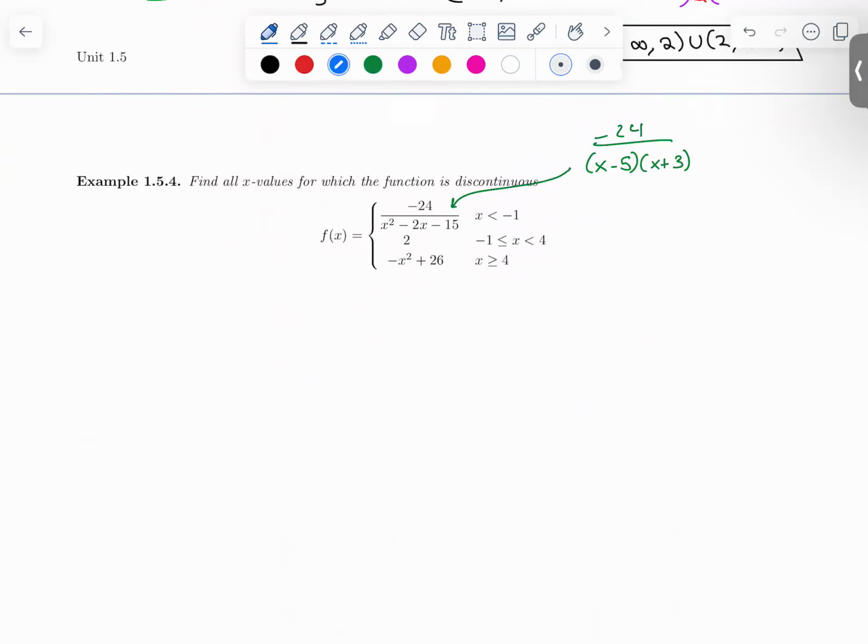All right, so I'm going to label it as step 1, but typically speaking, you don't need to. We're going to look at each piece separately. There's 3 pieces for y equals -24 over x minus 5 times x plus 3 on x less than -1. Because I factored it, I can immediately write the answer.